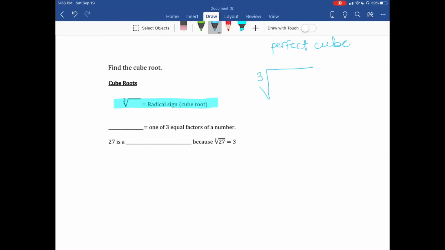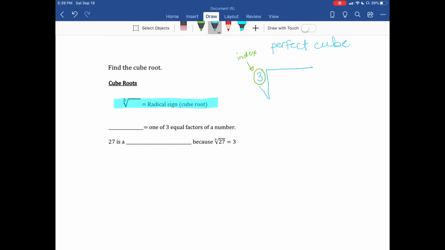When you have the radical symbol and you have a number in this place, it's called the index, but you don't really need to know that. But if you have a 3, and that's what we're going to be working with so far, that is defined as the cube root. So let's tie in cube roots and perfect cubes.